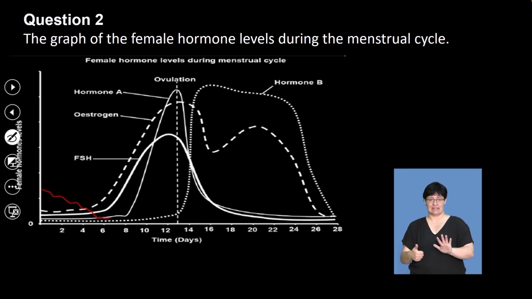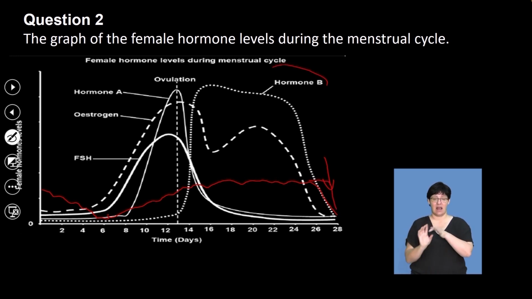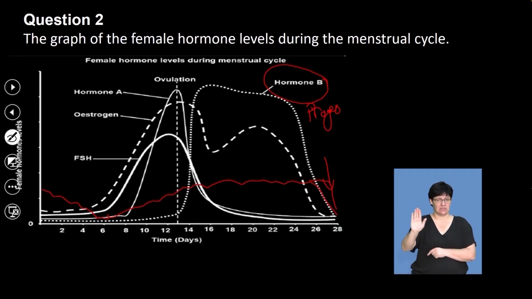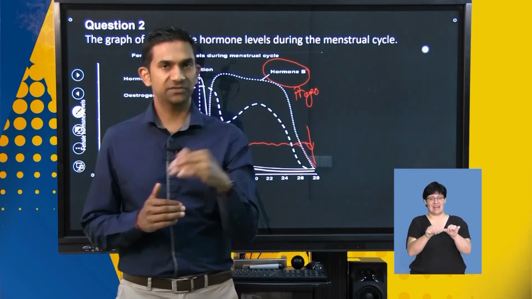And so if I were to graphically illustrate on this red line indicating the thickness of the endometrium, you would note that there is a significant decrease or drop in the thickness towards the end of the 28-day cycle. And that is linked to this hormone here, which is, yes, if you remember, progesterone. And if you think of the function of progesterone, progesterone functions in maintaining the thickness of the endometrium.